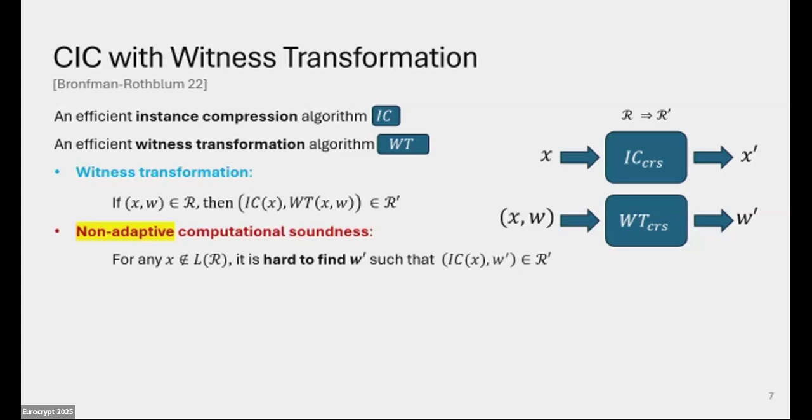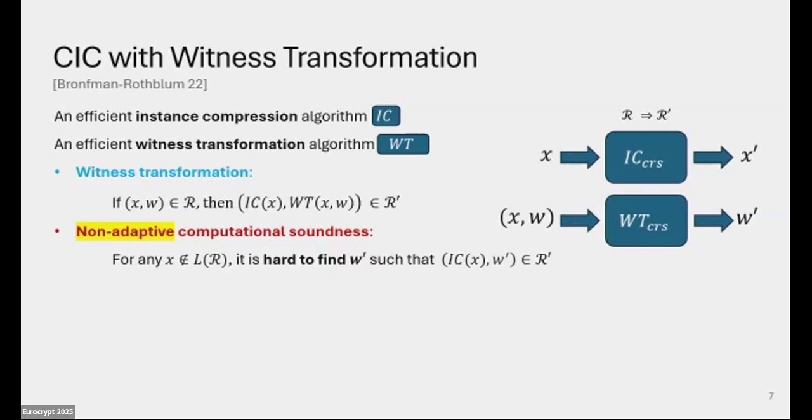For soundness, they define non-adaptive computational soundness, which says that for any fixed x that is not in the language, it is going to be hard to find a witness w prime for that instance x prime. So it is going to be hard to find a valid witness to the new compressed instance.